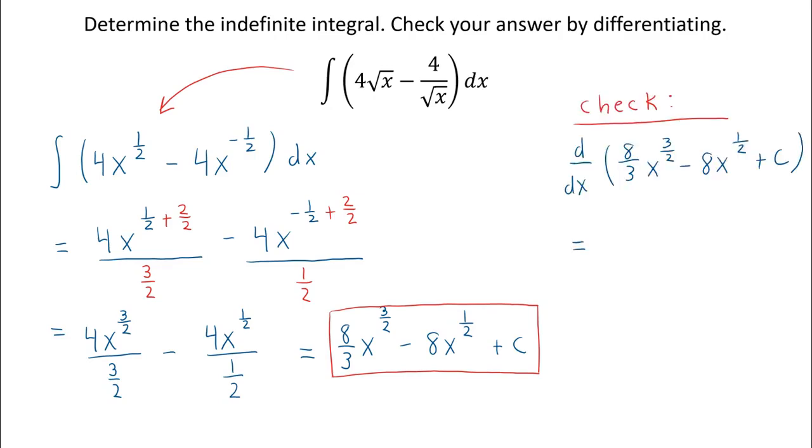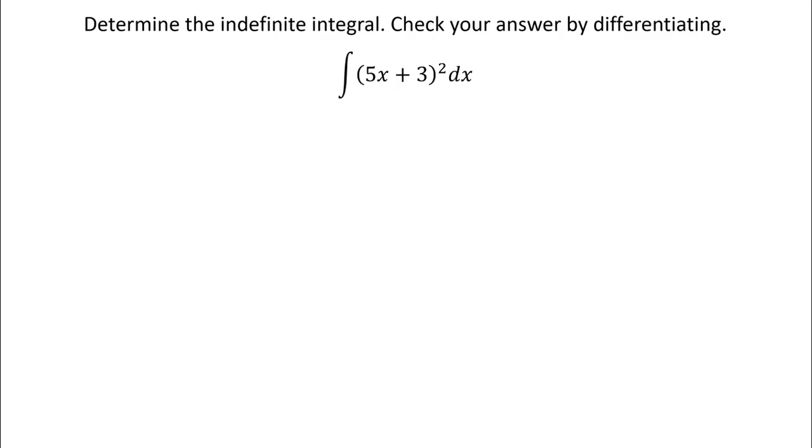So let's differentiate 8/3 x to the 3/2 minus 8x to the 1/2 plus c. Differentiating and then simplifying gives us 4 times the square root of x minus 4 over the square root of x. So it checks.